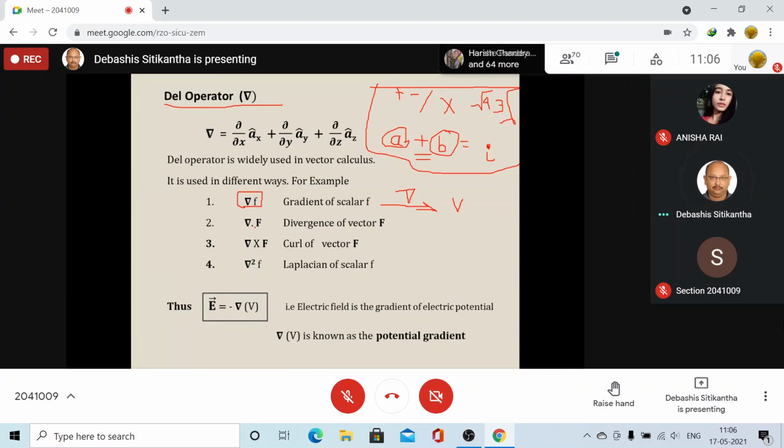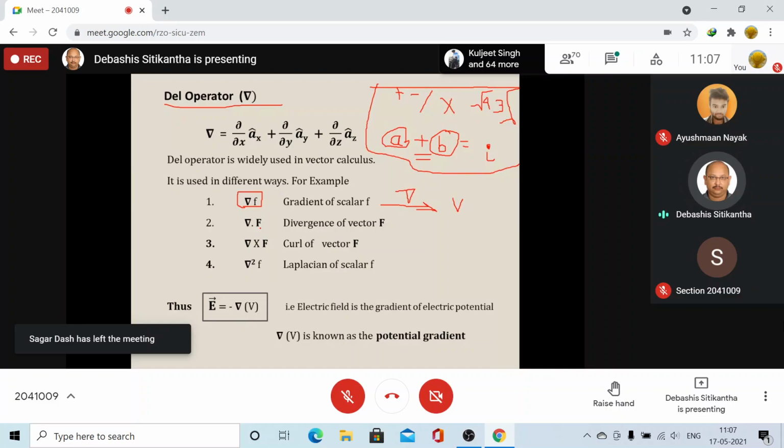Similarly, if I write del dot f, in this case you can see your f is a vector quantity. Always remember that del is operated on a scalar quantity in order to find the gradient. Similarly, del is multiplied in a dot product to a vector quantity in order to get the divergence of the vector quantity.